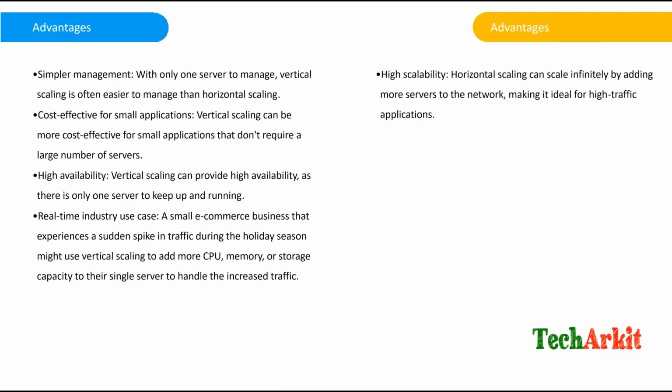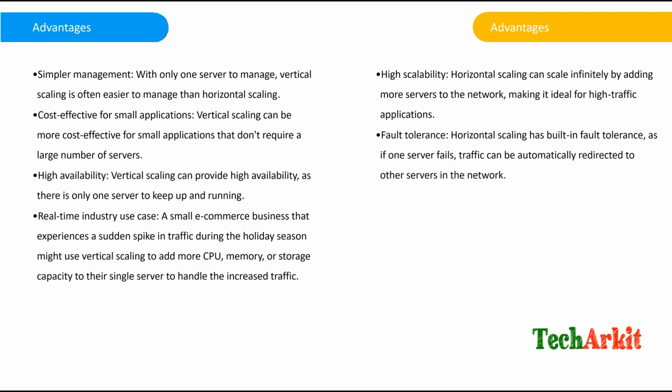What are the advantages if you take horizontal scaling? It is high scalability. Horizontal scaling can scale infinitely by adding more servers to the network, making it ideal for high traffic applications. Here, if you are getting more traffic, you just add more servers, more servers, more servers, and it provides a highly scalable environment. Fault tolerant.